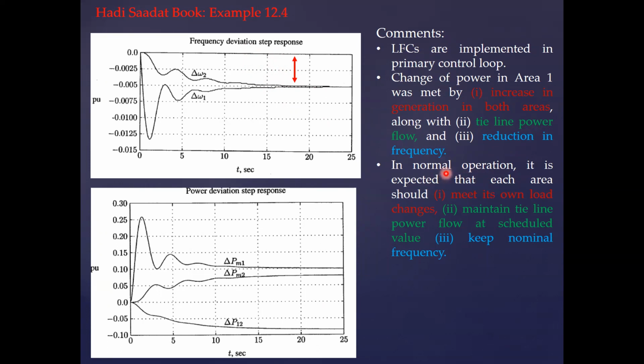But in normal operation, it is expected that each area should meet its own load change. So if you have a change in the load in area 1, then area 1 should meet the demand, maintain the tie line power flow at the scheduled value, and keep the nominal frequency.